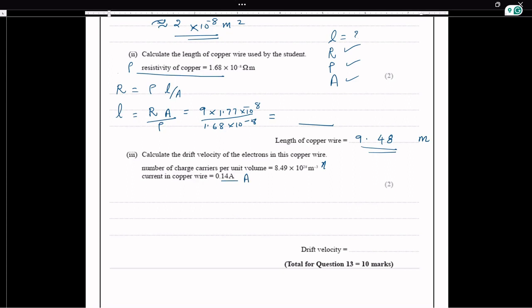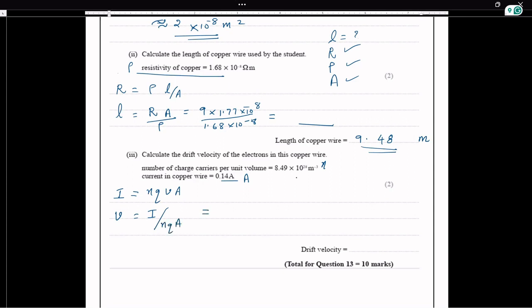Calculate the drift velocity. So let's recall the equation relating all of them. It is I equals N Q drift velocity times A. So taking drift velocity as the subject, it is I over N Q A.